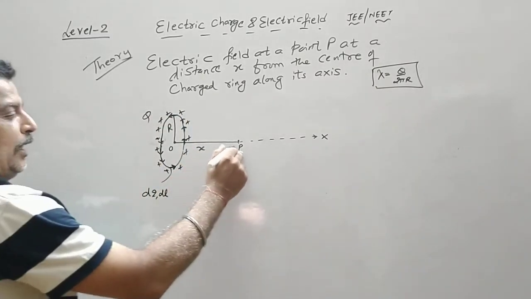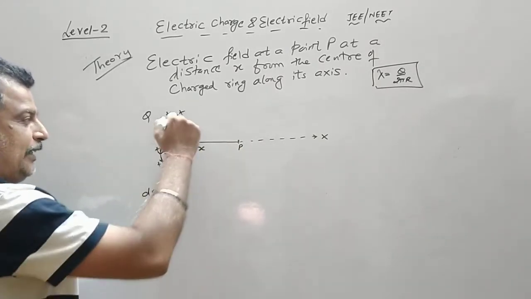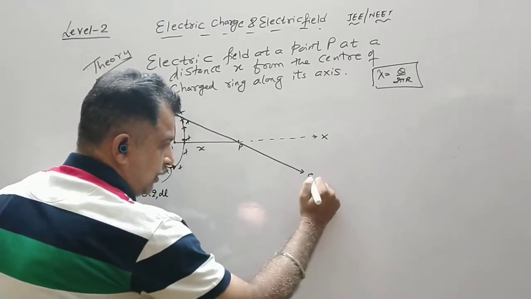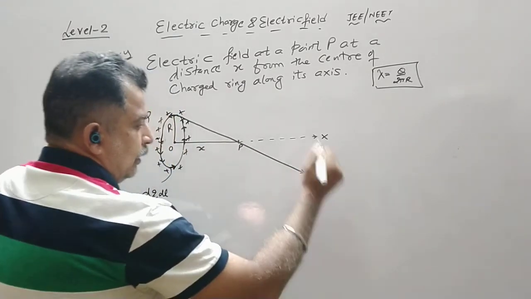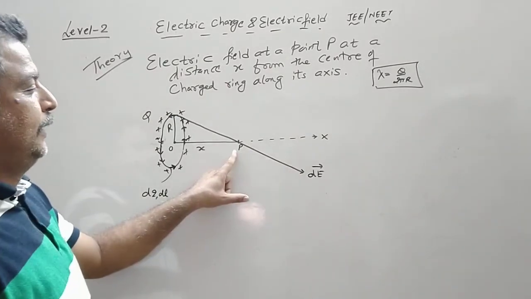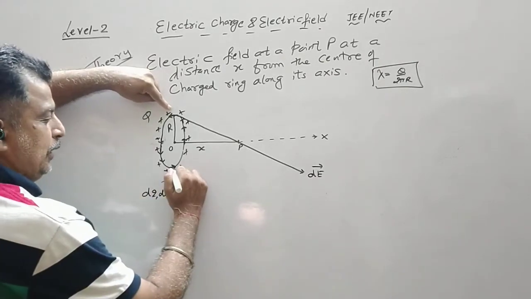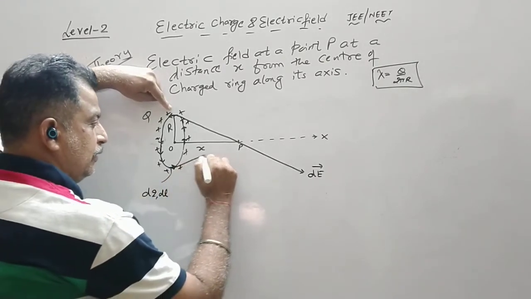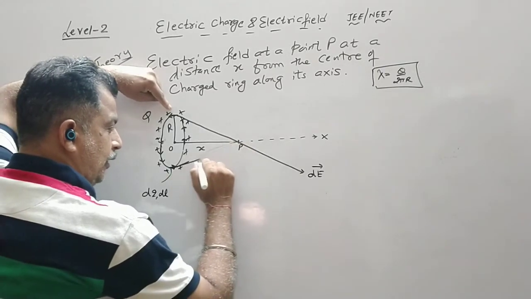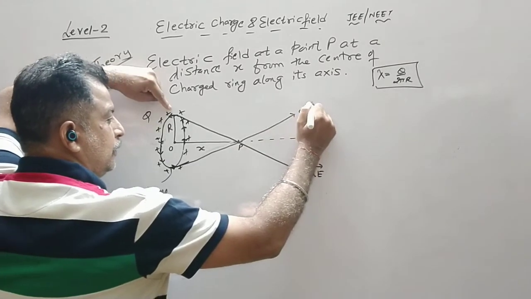Now the electric field intensity at this point, due to only this small element dq dl, is in this direction. So this is the electric field intensity at point P due to this line element. Similarly, due to the diametrically opposite line element, the electric field intensity is in this direction.